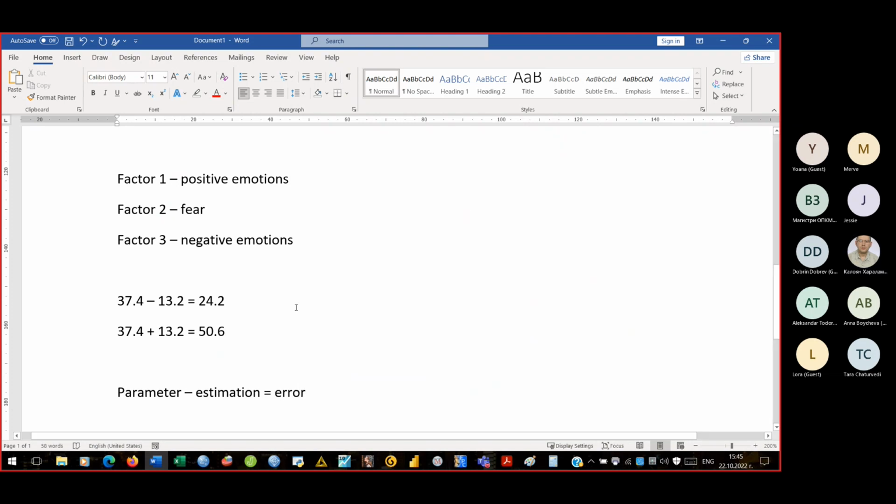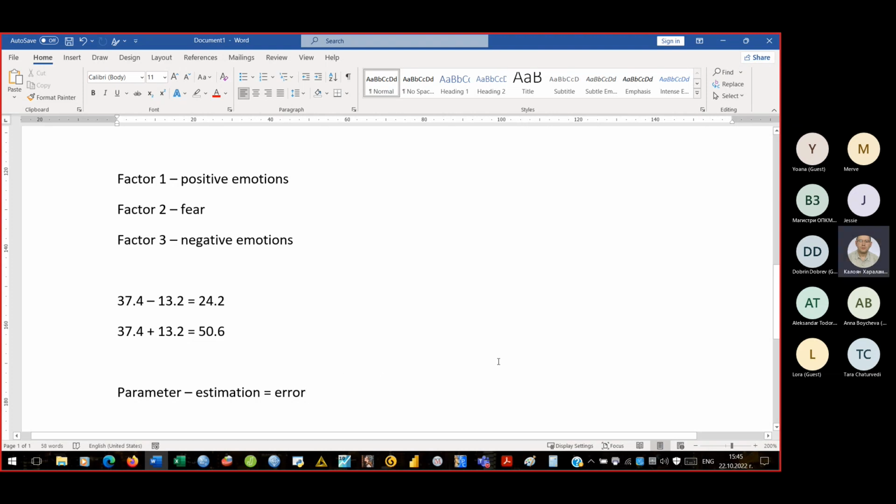So when we work with samples, there always are errors. Our estimations are with errors.